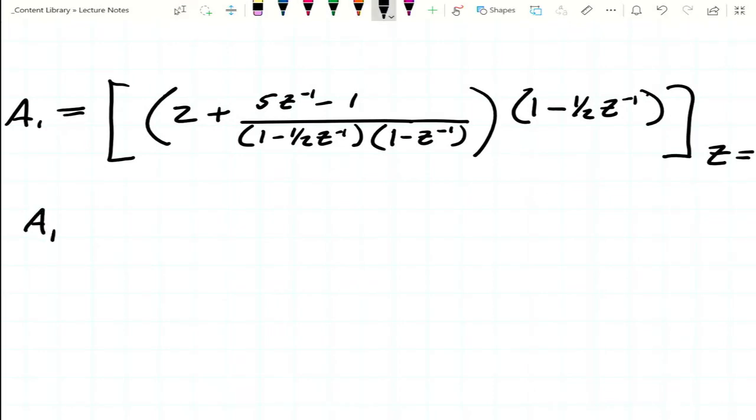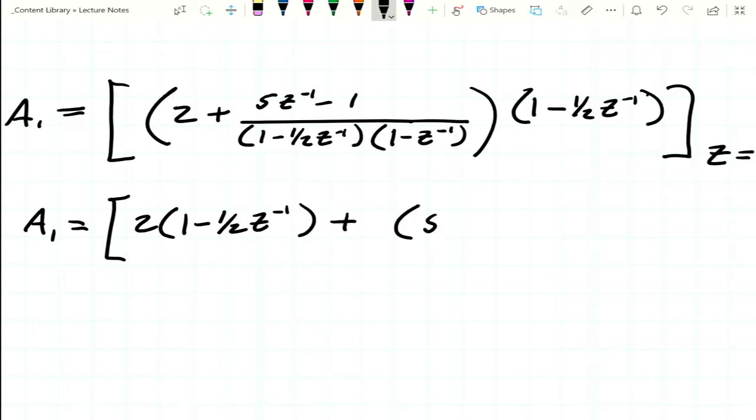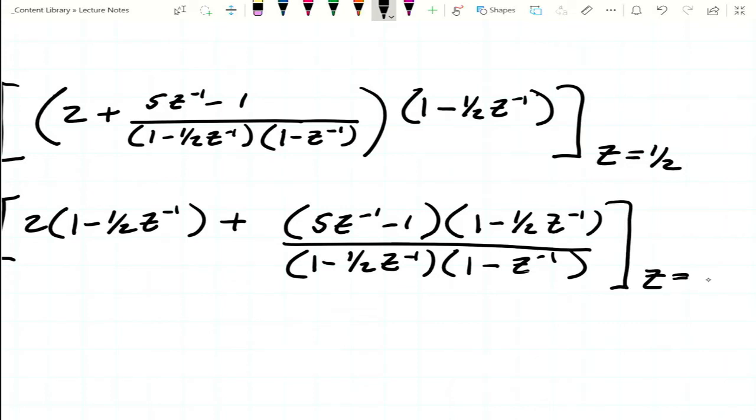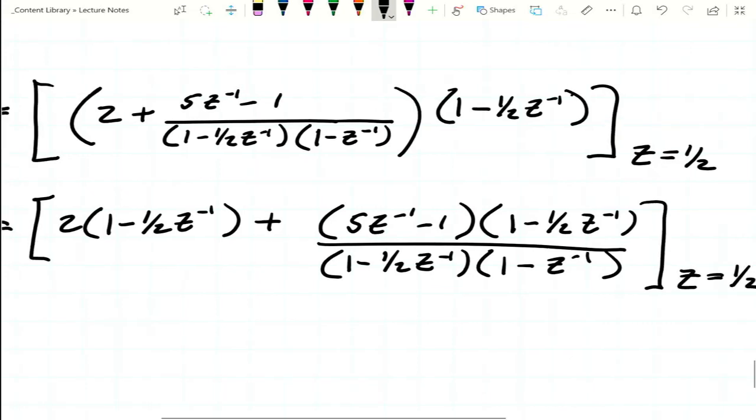We got a1 is equal to, I'm just going to distribute, so it'll be 2 times 1 minus 1/2 z to the negative 1 plus 5z to the negative 1 minus 1 times 1 minus 1/2 z to the negative 1 over 1 minus 1/2 z to the negative 1. If you're the kind of person that really enjoys doing lots of long algebra, then you have come to the right place.